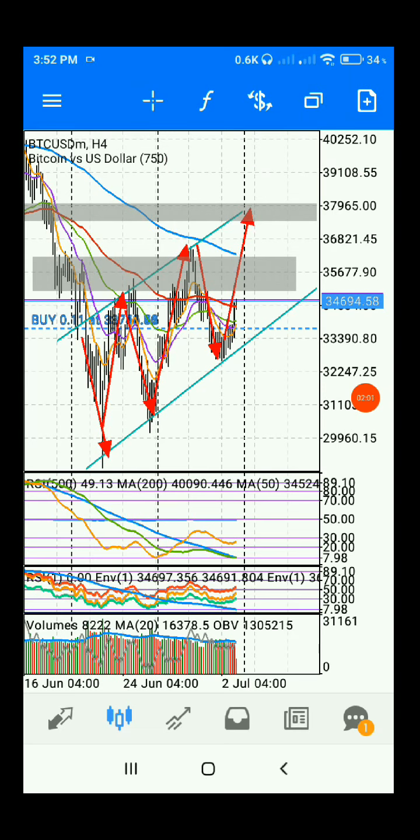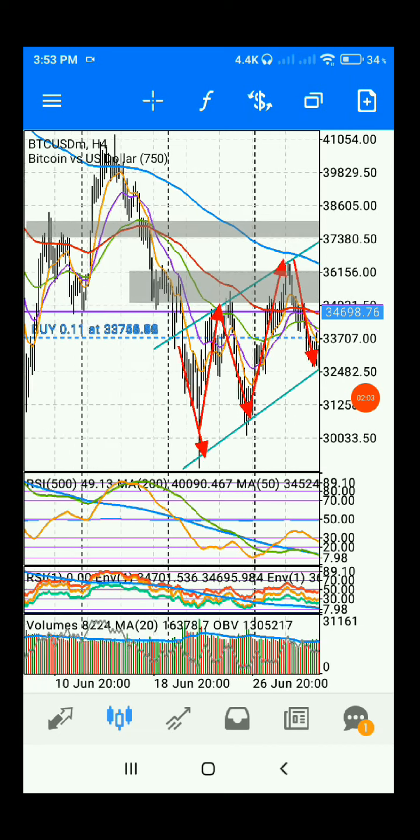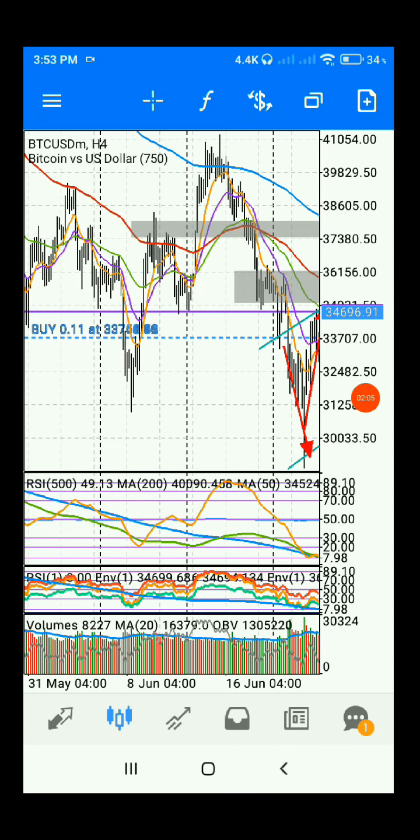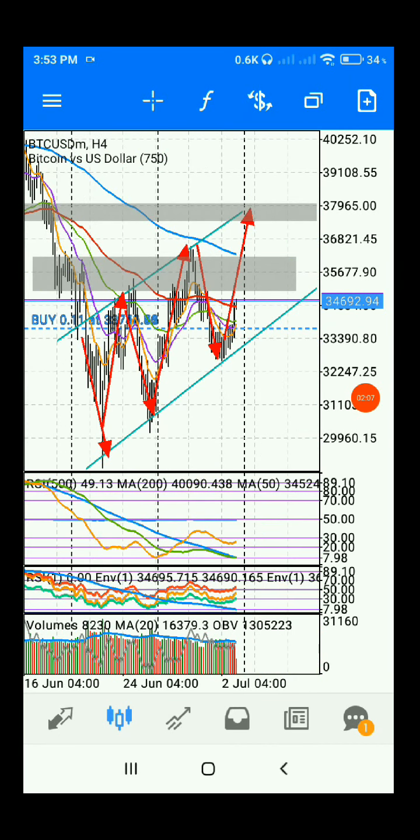So how did I make it? If I explain, at first you have to take the H4 time frame. You don't need the daily time frame. You can use this trend line drawing analysis on the H4 time frame or lower, like H1 or M30, and then you should draw the trend line.